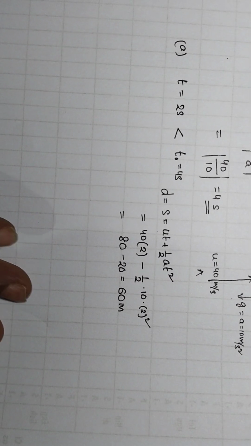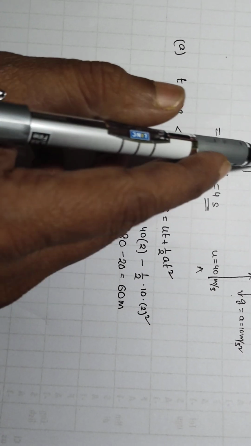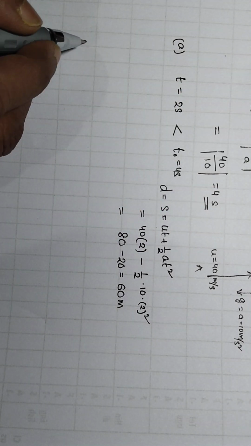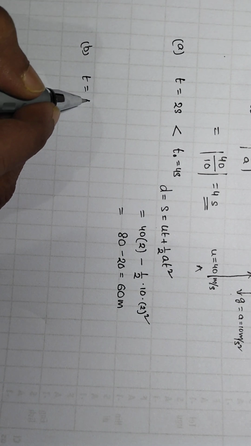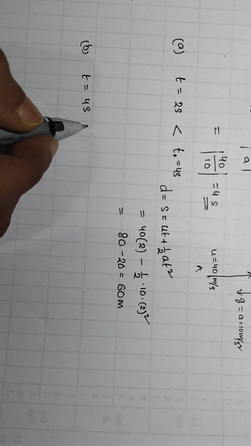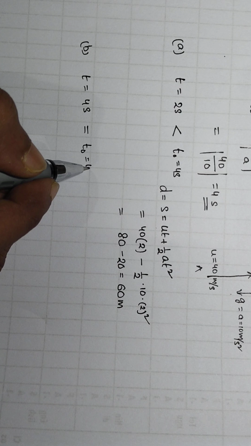And if you go to B, t is equal to 4 seconds, which is equal to the t naught time of 4 seconds.